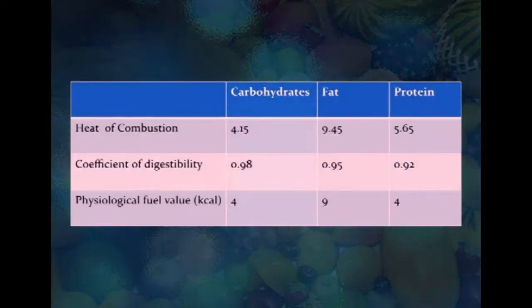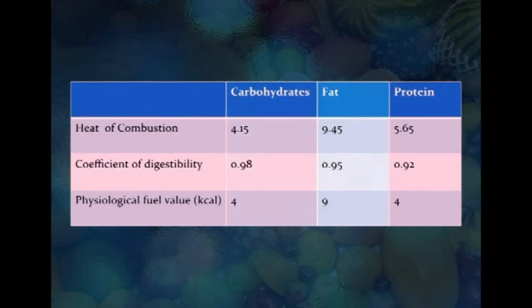But in reality, the energy that is available to the body from a given nutrient is a little less, and this is what is expressed as physiological fuel value. For example, the heat of combustion from carbohydrates is 4.15 calories, but in reality, the energy that is available from carbohydrates is only 4 kilocalories.